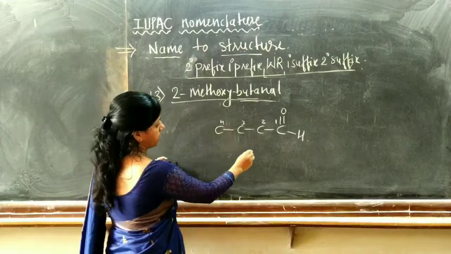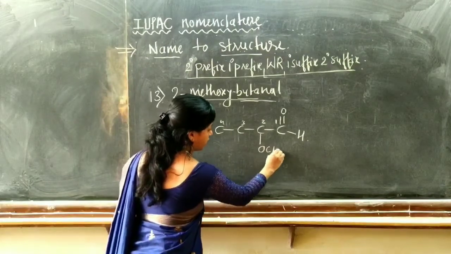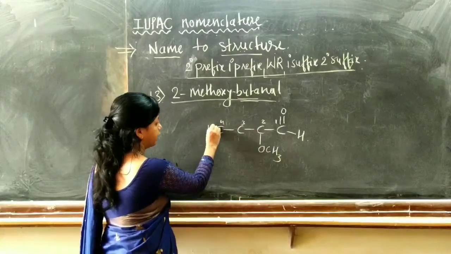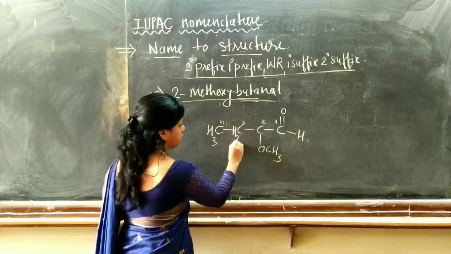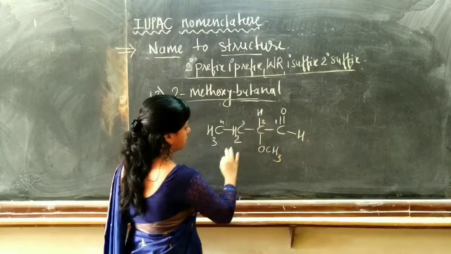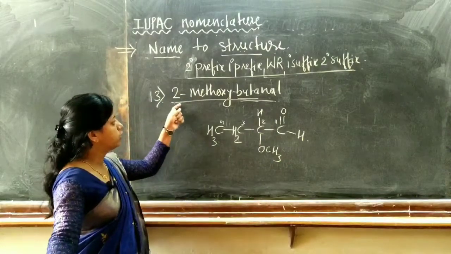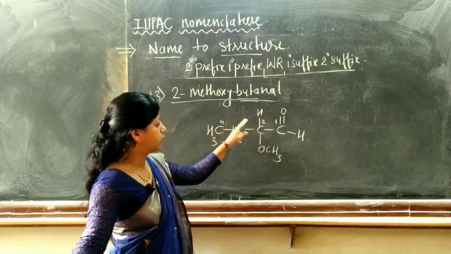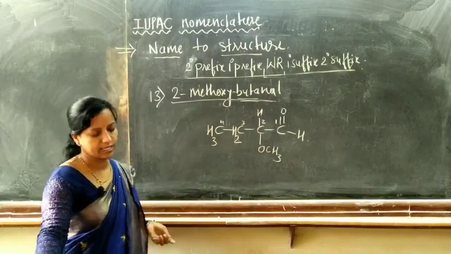So 2-methoxy means OCH3 is present at the second carbon, and remaining, we have to attach hydrogens. So it is CH2, this is H, and this is the structure of 2-methoxybutanal, with 1, 2, 3, 4 carbons, so butanal it is.